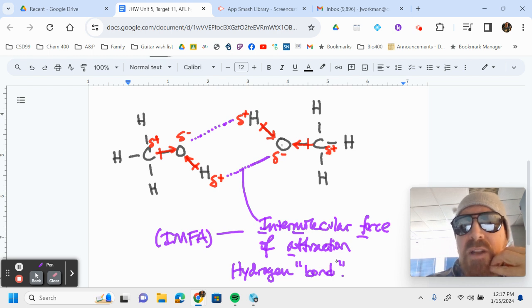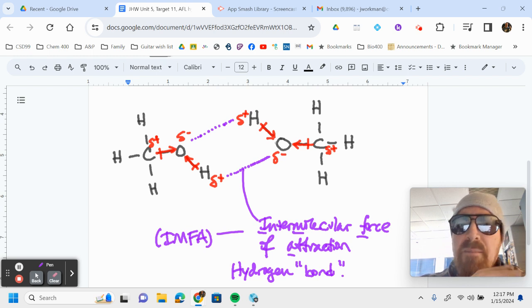This oxygen here and the polar bonds inside those molecules and the asymmetrical nature of the molecule allows it to have these pretty strong intermolecular forces of attraction and remain in the liquid phase, whereas a methane molecule would not be a liquid at the pressure and temperatures that we normally find ourselves in.